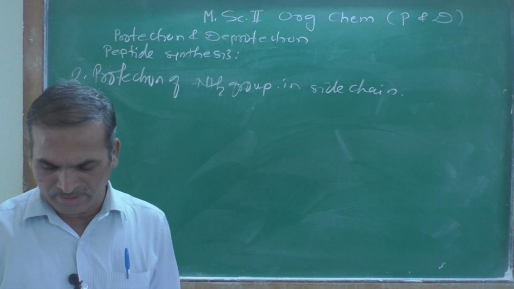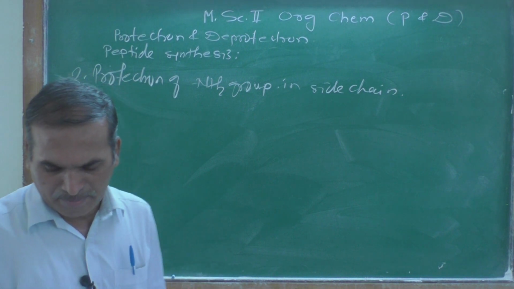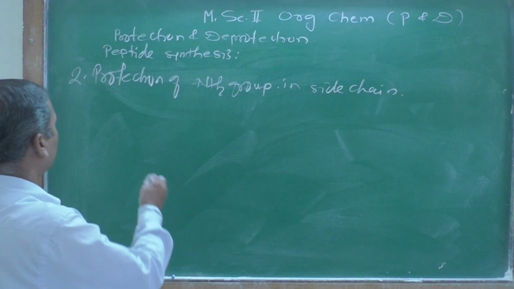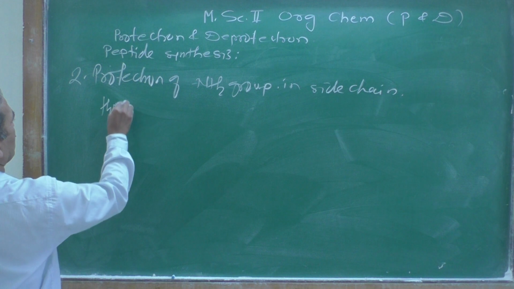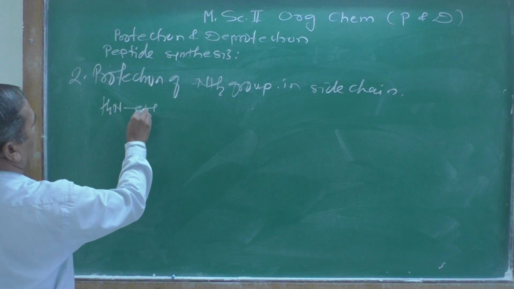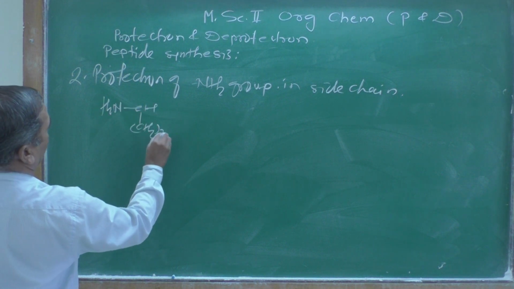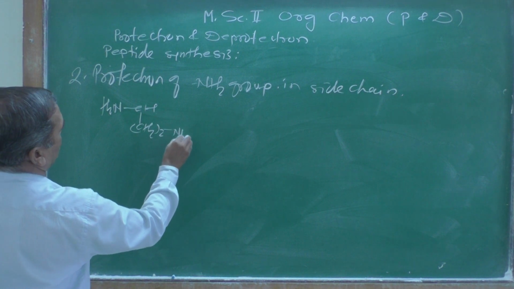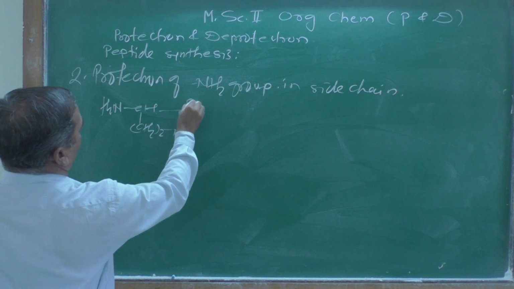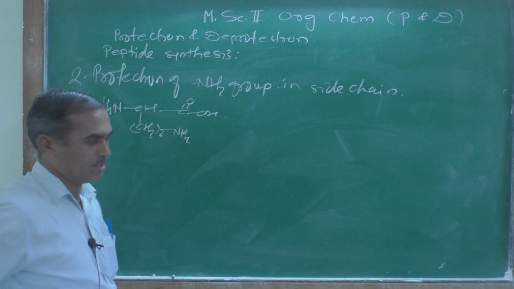Let's see one more example, that is this one: H2N, then CH2 four times, NH2, then C double bond OH.